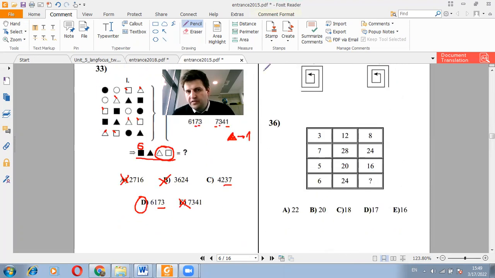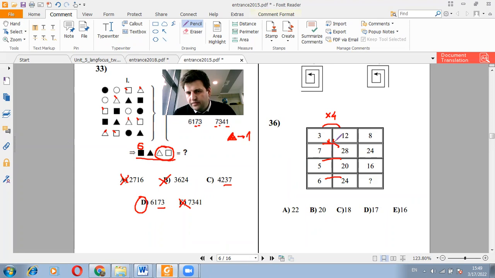Okay, question 36. We have 3, 12, 8, and then we have other numbers that continue like that. We're looking for the last one here. There can be more than one way to solve this, but the easiest one would be how we get from 3 to 12. You see 7 to 28, 5 to 20, 6 to 24. Obviously, we multiply by 4.